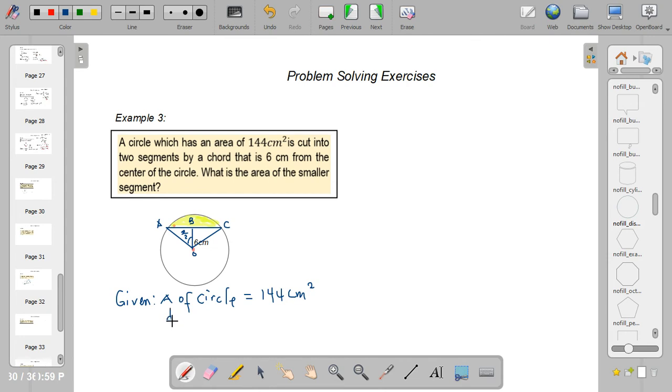So let's represent this as letter D, equal to 6 centimeters. Okay, so that is the given. Now, we are going to solve for the value of R, since R is not mentioned in the problem, but the area is there. So, required muna tayo. Required is the area of the smaller segment.